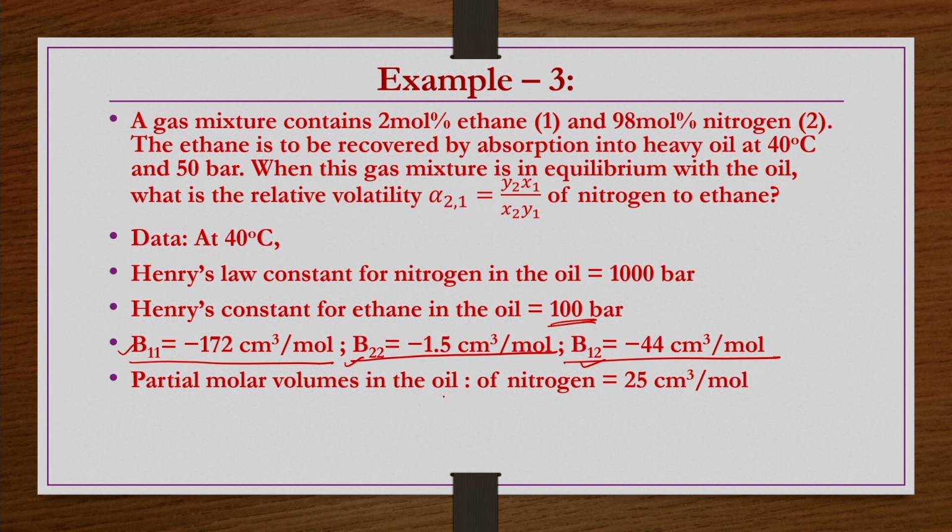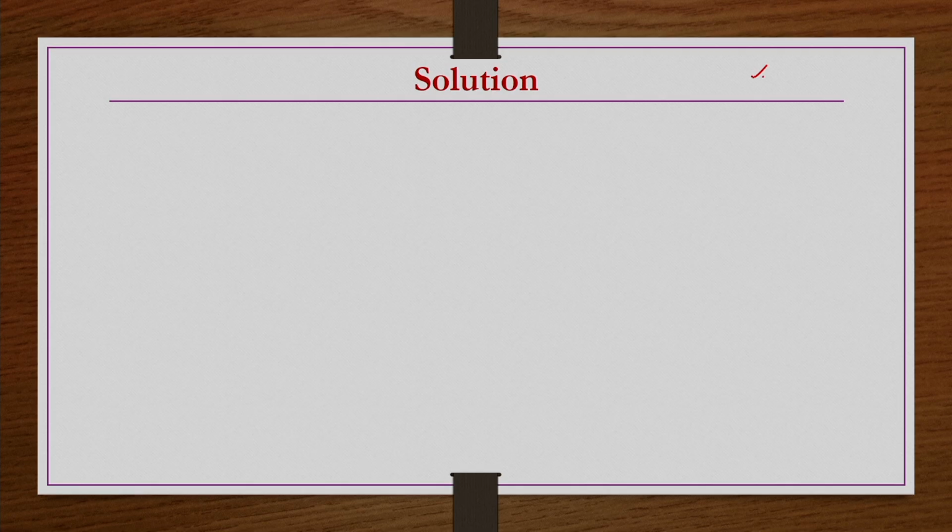Also, the partial molar volumes of nitrogen and ethane in oil are given. For nitrogen it is 25 cc per mole, for ethane it is 60 cc per mole. So, what do we have to find out? We have to find alpha_21, that is alpha_21 = (y2/x2) divided by (y1/x1). So, you have to find y2/x2 and y1/x1.